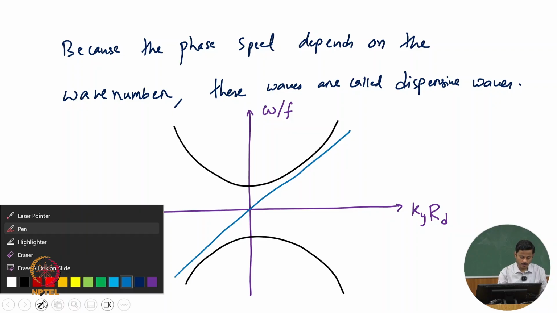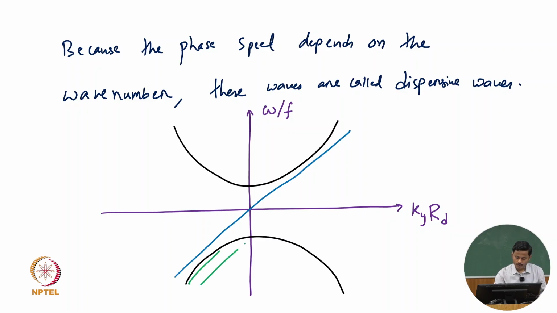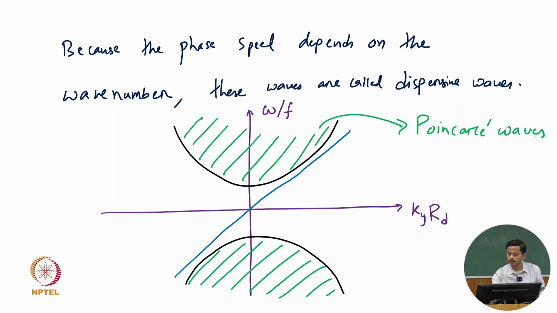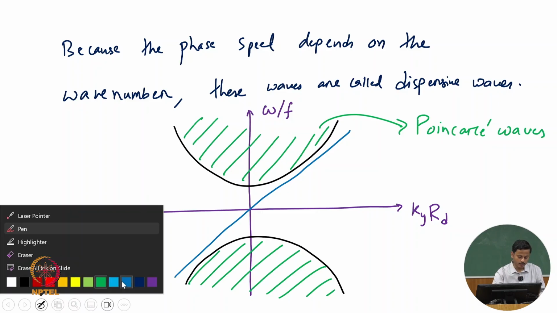The waves in these lobes, the shaded area covered by these parabolas, are Poincare waves, and these are Kelvin waves.